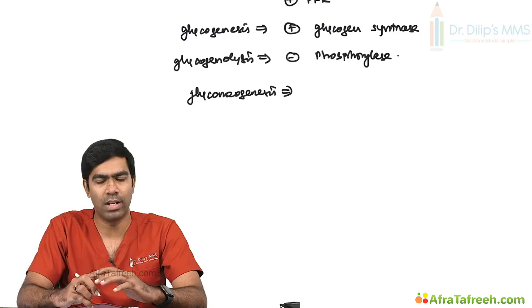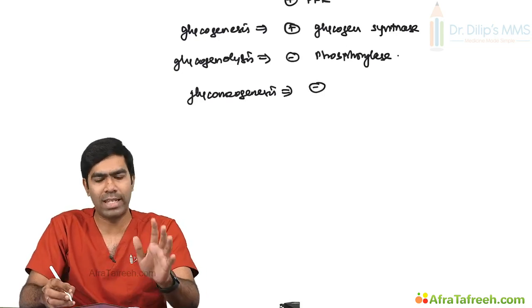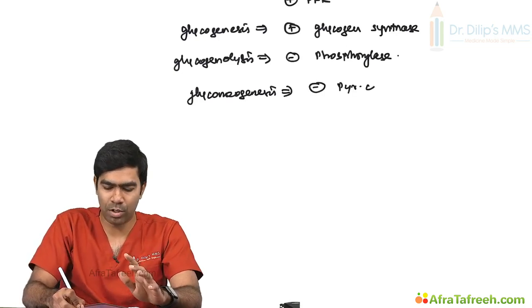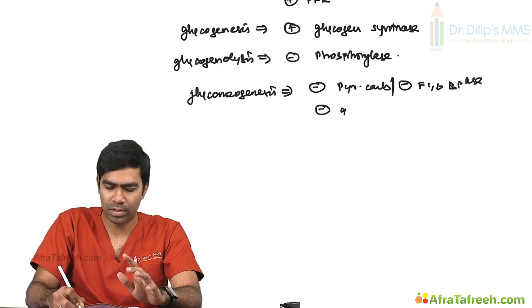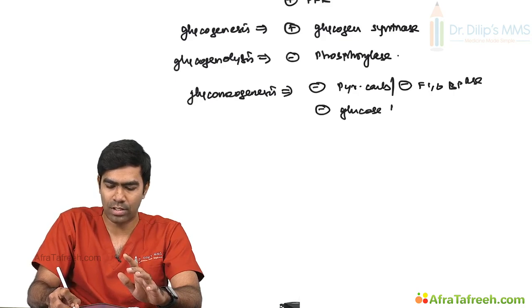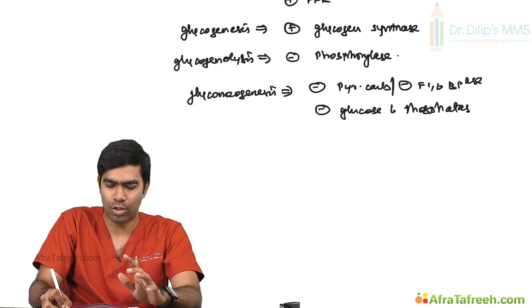There is no doubt about that, where insulin can inhibit all the key enzymes. It can inhibit pyruvate carboxylase, fructose 1,6-bisphosphatase, and at the same time glucose 6-phosphatase as well. These are the key enzymes for gluconeogenesis.